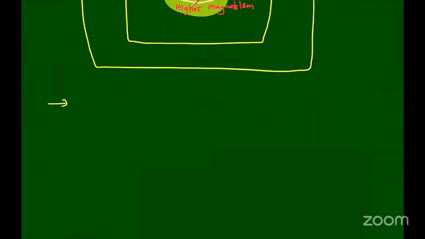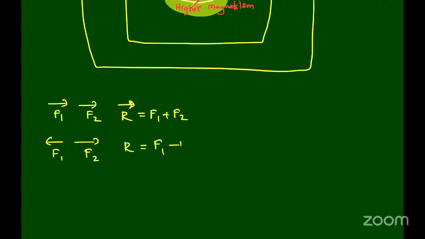If two forces, let's say F1 and F2, are in the same direction, the resultant will be F1 plus F2. And if F1 is in this direction and F2 is in this direction, the resultant will be F1 minus F2, or you can write F2 minus F1. That is the gap between those two.